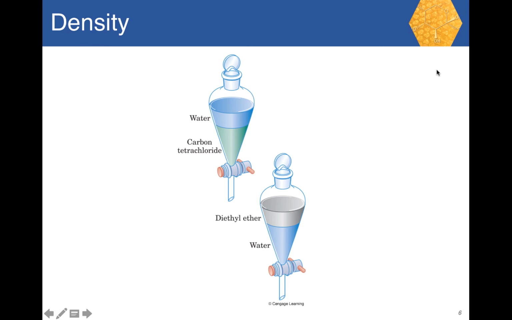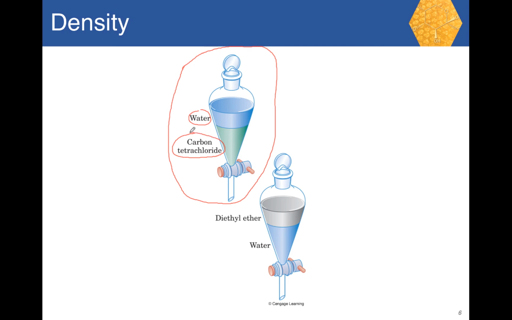Let us look at a practical application of this concept. So if I were to say to you, we have here a separatory funnel. And if you're taking the lab, you will see this type of equipment in your lab. It's called a separatory funnel. It has 2 liquids in it, water, and it also has carbon tetrachloride.